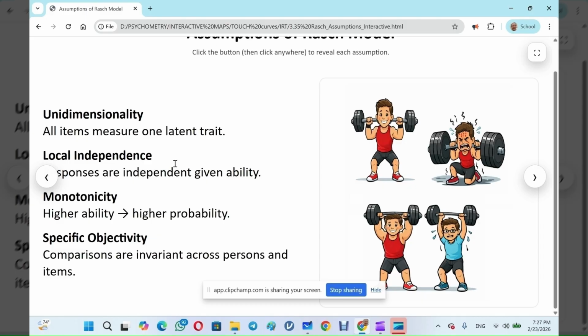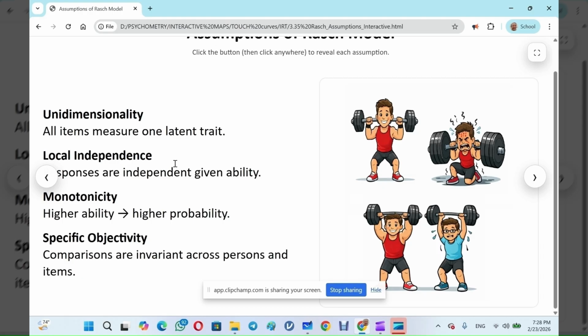First is called item invariance. And as I said, item invariance means the item will have a fixed difficulty. So when the Rasch model assigns difficulties to items of the test, it will give each item a fixed difficulty, a single value. This value will not change, regardless of which students answered that question at all.